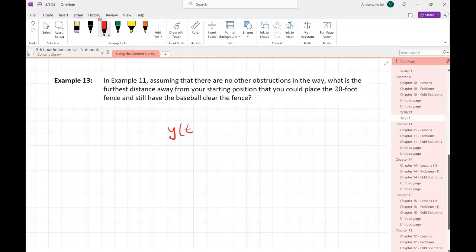The question becomes, what value are we solving y of t for? Well, what height does the ball have to be to make it over the fence? 20 feet. So we're solving y of t equals 20.